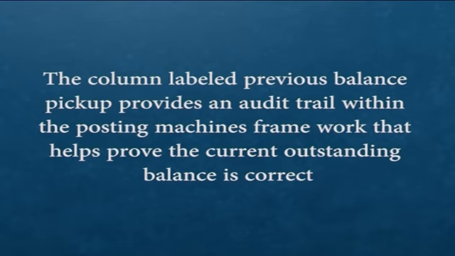The column labeled previous balance pickup provides an audit trail within the posting machine's framework that helps prove the current outstanding balance is correct. If the semi-automated posting is done by mechanical equipment, it does not retain individual folio balances. This means that each account's previous balance must be re-entered each time a posting is made to the folio.